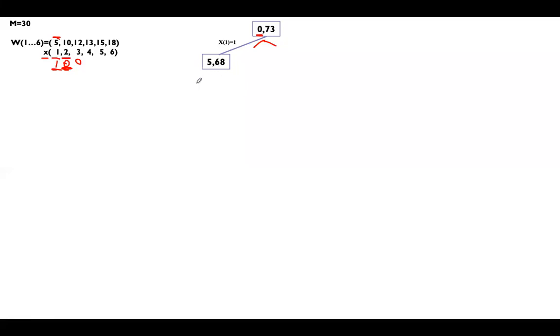So x2 is equal to 1, that is, I am selecting the second element into my subset. Total weight now will become 15, and the 68 will come down to 58. 15 total weight, now remaining is 58.